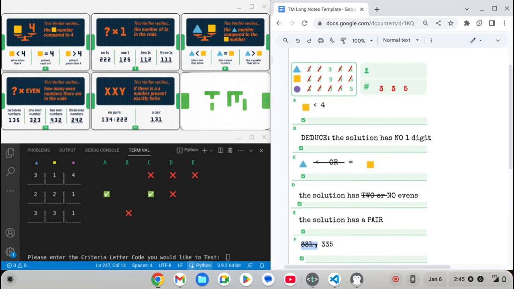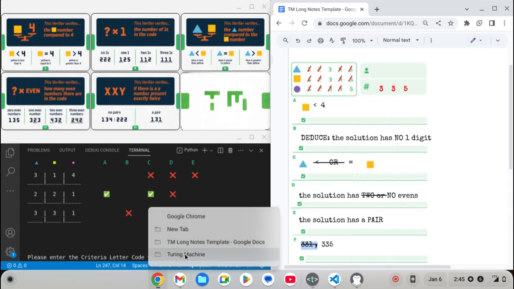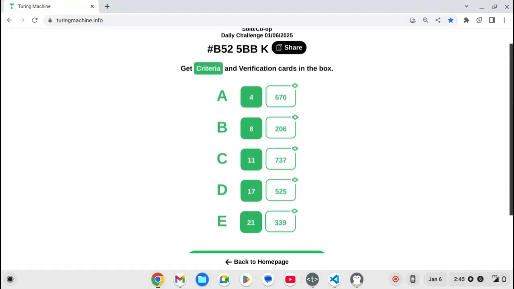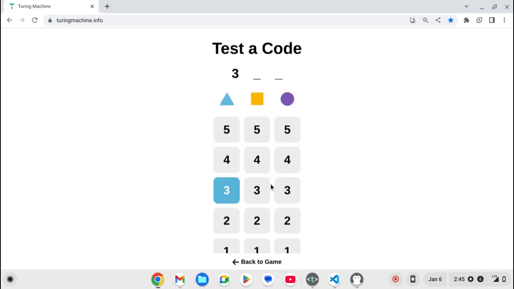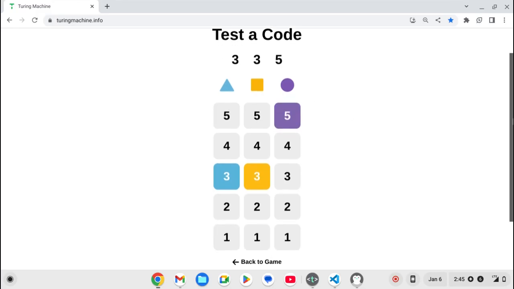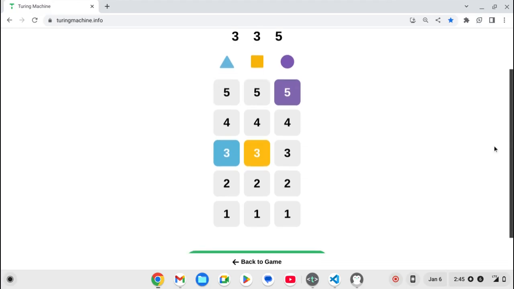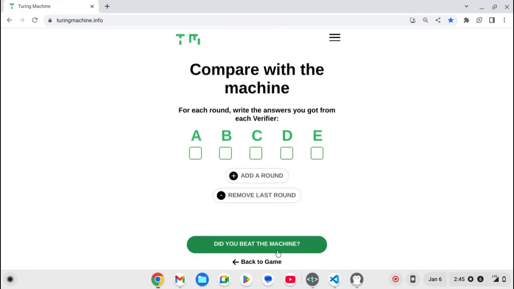And let's go verify. So 335. Fantastic. Well, how did we do versus the Turing machine?